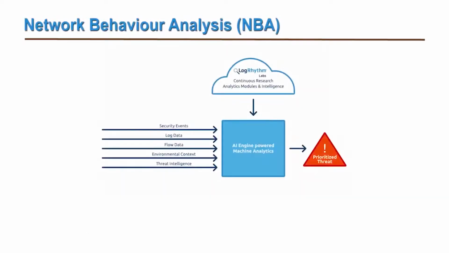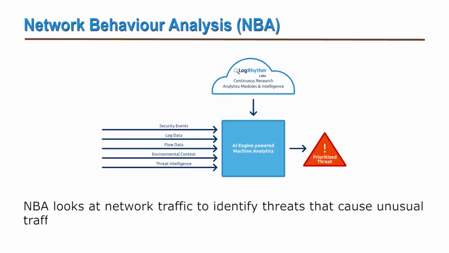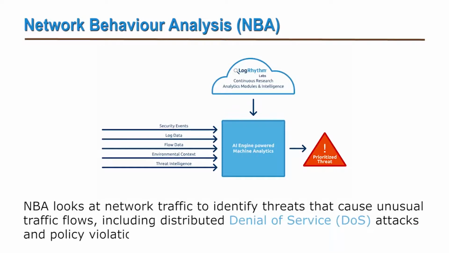The third type of IPS is Network Behavior Analysis, that is NBA. Network Behavior Analysis looks at network traffic to identify the threats that can cause unusual traffic flows, including DOS and DDoS attacks and policy violations.